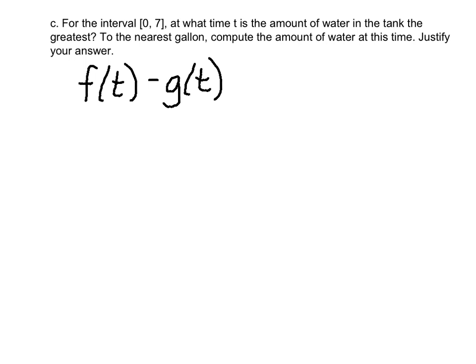The critical points occur when the graph changes from positive to negative or negative to positive. Maximums only occur when it changes from positive to negative. So if you look back on the graph, you find that happens at t equals 3.